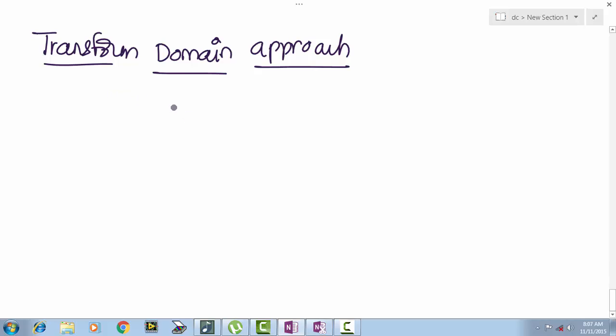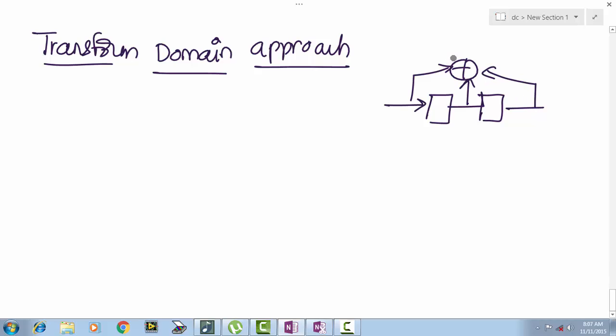For this transform domain approach also we will consider the same example, the same encoder we discussed earlier: a rate 1/2, constraint length K equal to 3 encoder.